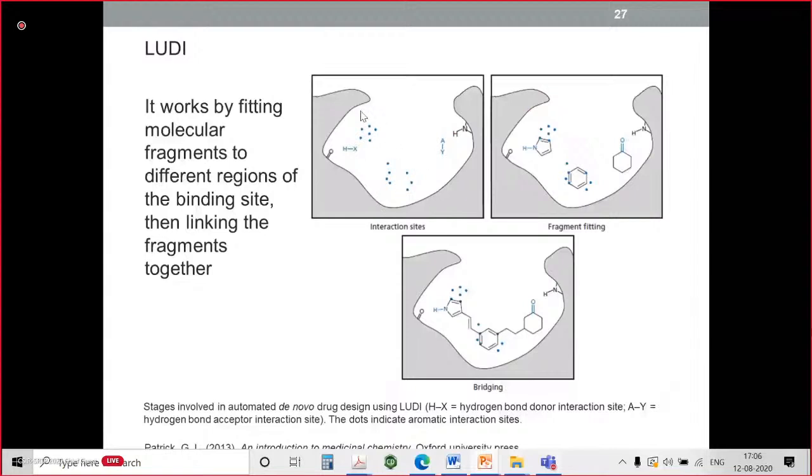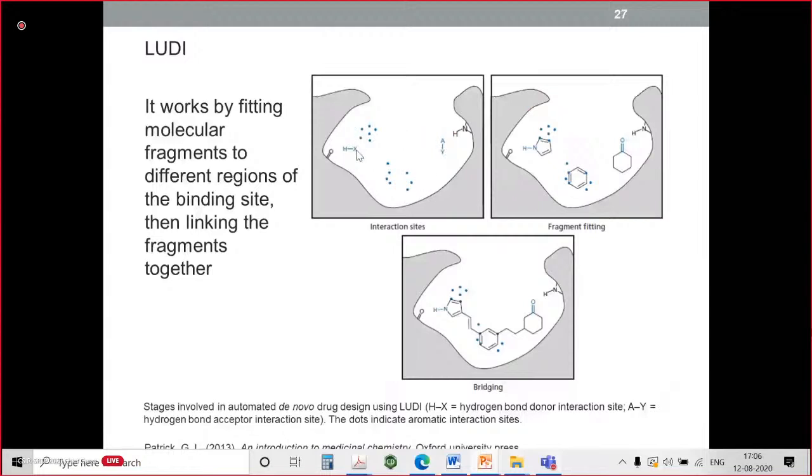Here you can see the carbonyl in a binding site, and carbonyl is a hydrogen bond acceptor. Here you have an NH, meaning amino, which is a hydrogen bond donor. And the area where phenyl or alkyl substituents are present in the binding site reflects the hydrophobic area.